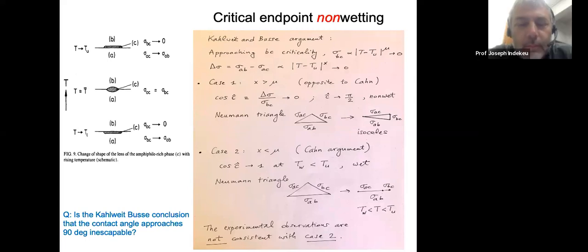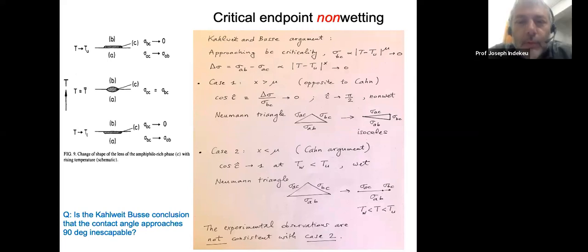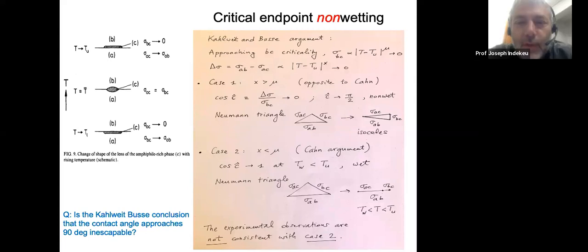But then the two solvents are immiscible, so they do not mix. So they find that there's no wet state, that the lens persists, and they conclude that the contact angle must then be 90 degrees.